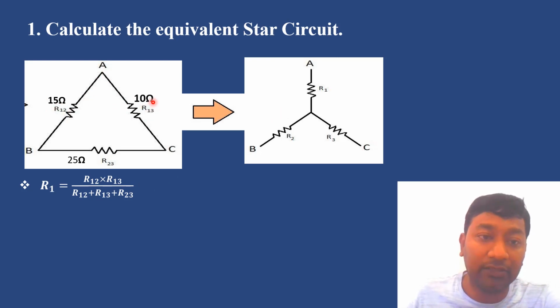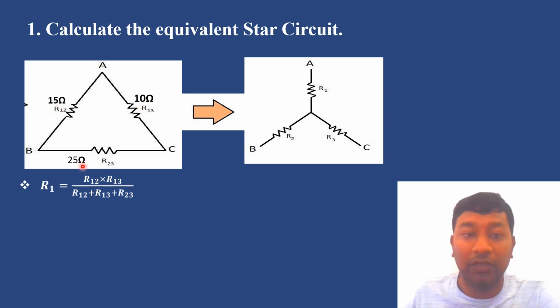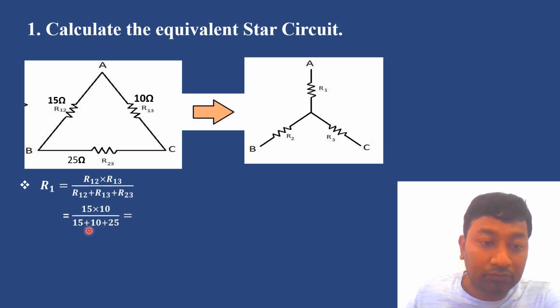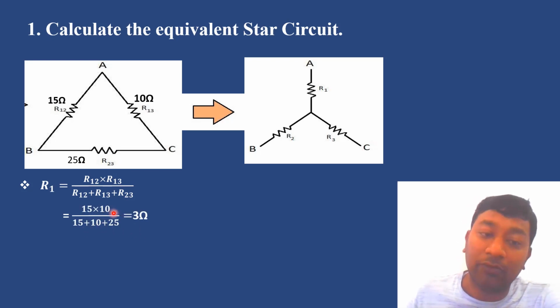Just multiply those two, divided by the total resistance. So 15 into 10 divided by 15 plus 10 plus 25. We get 15 into 10, 150, and 15 plus 10 plus 25, 50. So 150 divided by 50, the answer is 3 ohm.